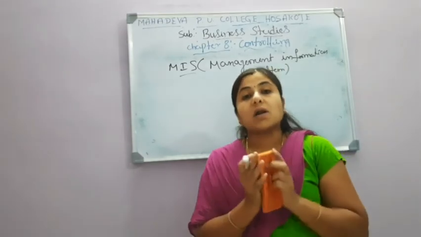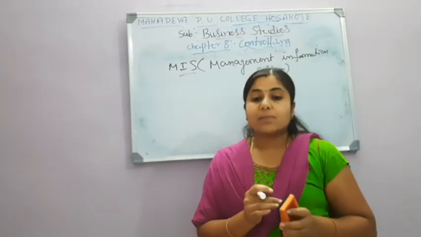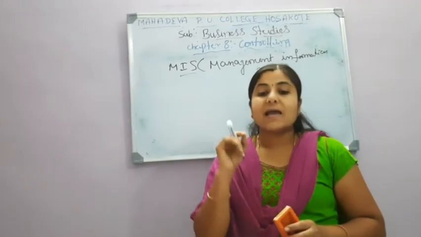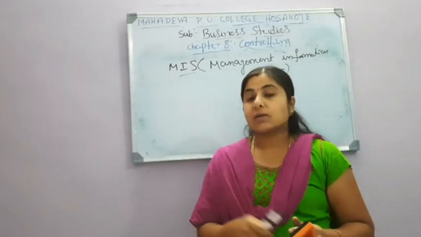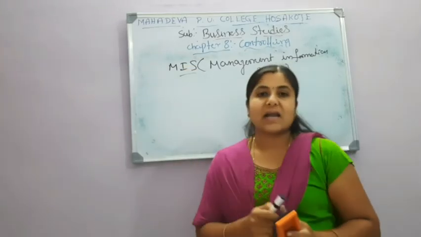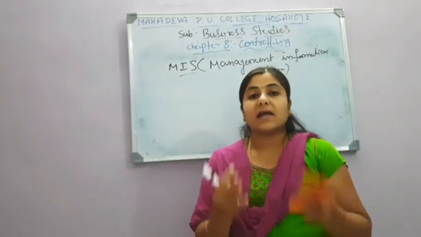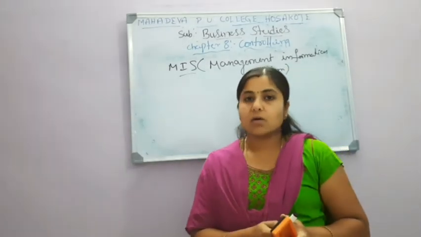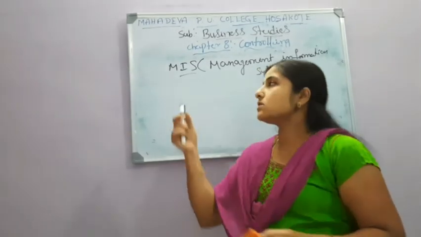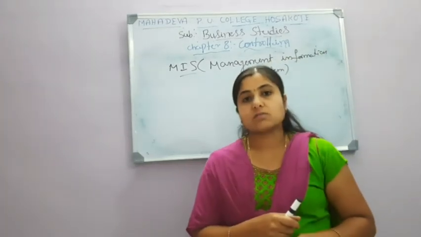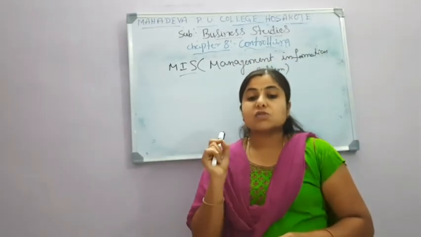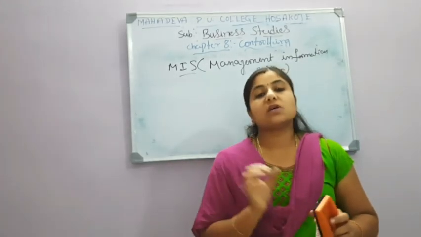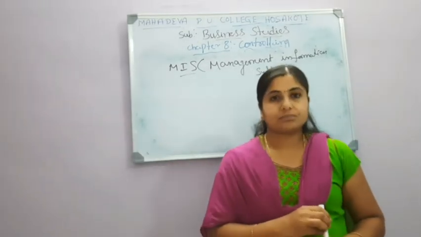Okay, so it is one of the controlling techniques. It provides data and information to the manager at the right time. So it basically involves all the managerial activities, and that's why it provides the data at the right time to the manager. Any time you can see this management information system. It is also one of the corrective actions that may be taken in case of deviation from standards.